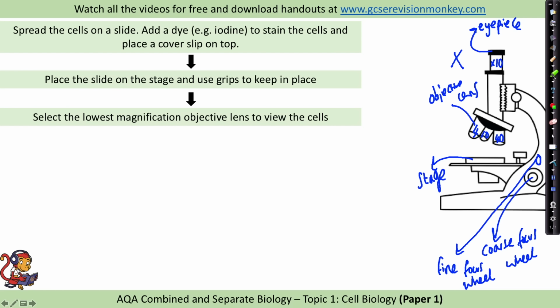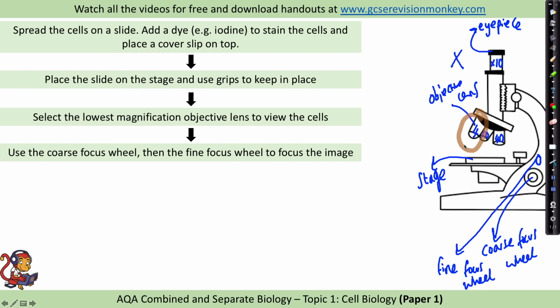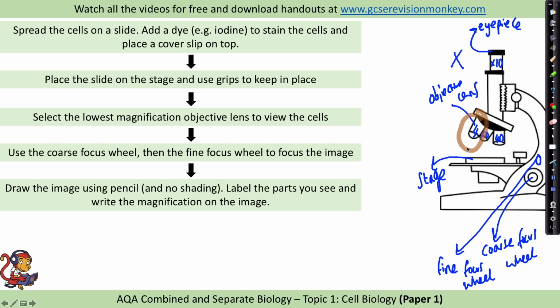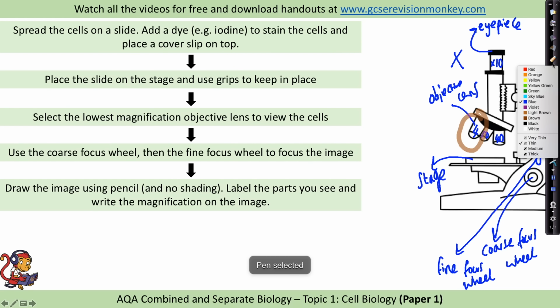So for example, in this case, we'd make sure we start off with 4 times 10, which is 40 times magnified. We use the coarse focus wheel and then the fine focus wheel to focus the image. And we would then draw the image using a pencil and no shading of any of the subcellular parts.